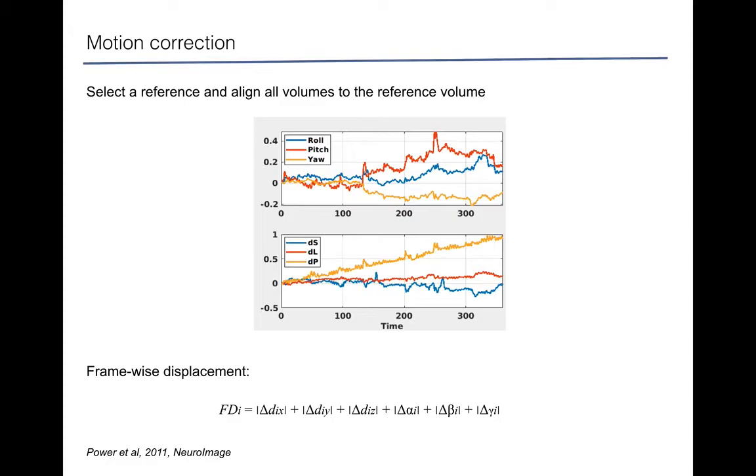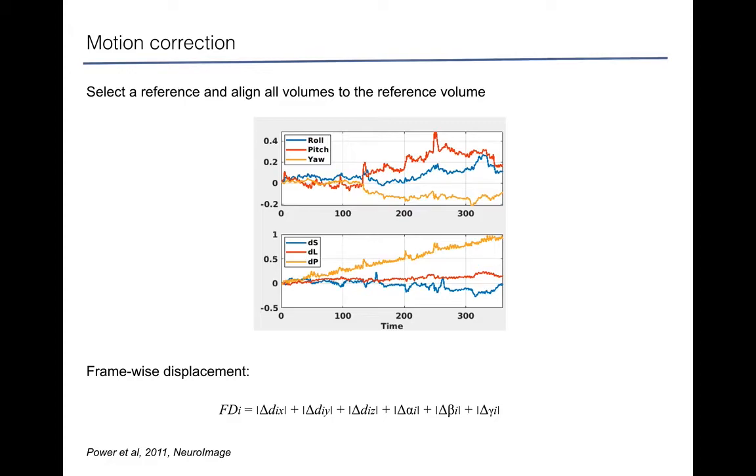The way that people do is that you decide about a reference, select a reference volume, and then align all the other volumes to this reference volume. And once you do that, most algorithms use rigid body transformation, meaning that there are 3 translations and 3 rotations.